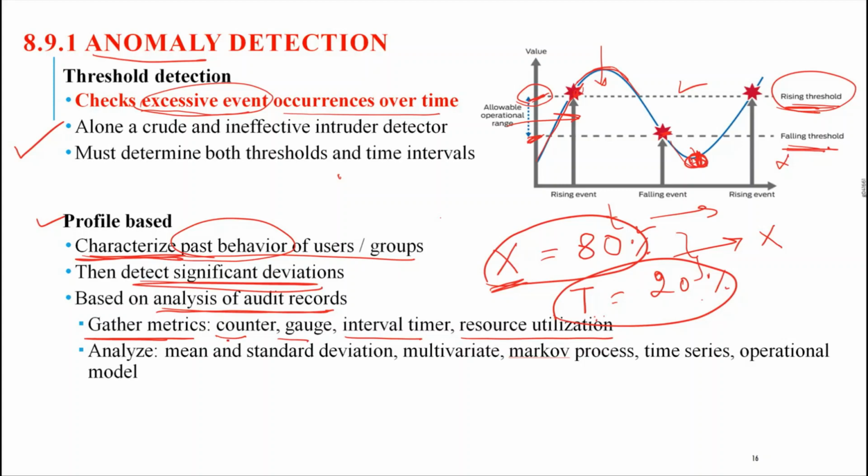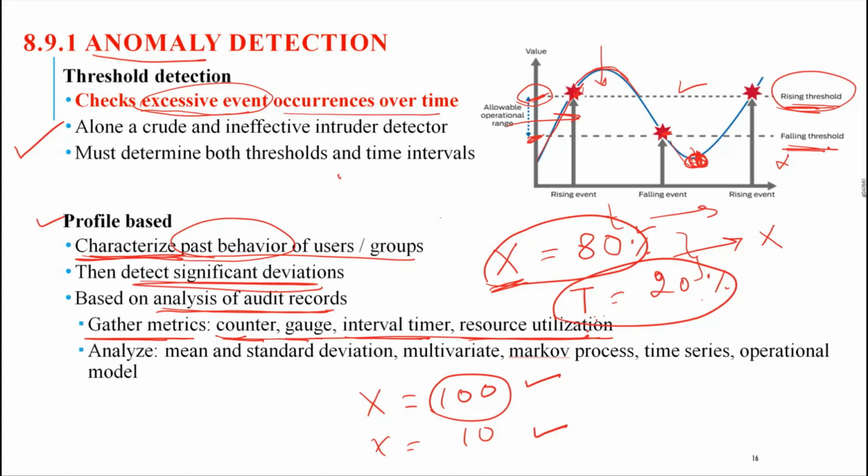All these are different types of metrics used to measure the values. After measuring, say x equal to 100, this is the past behavior and x equal to 10 is the current behavior. So what is this 100? It could be a counter, a gauge, an interval, a resource utilization percentage, whatever it is.